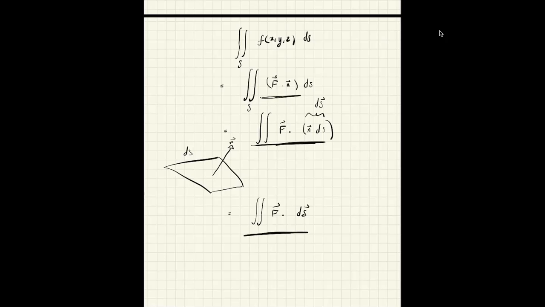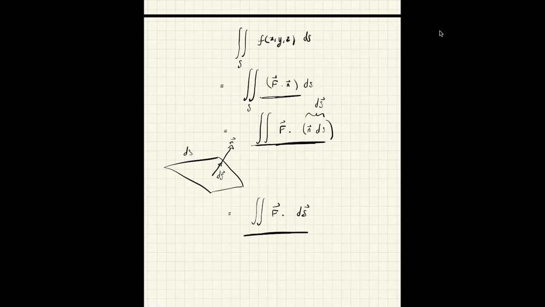So dS will actually be a vector that points in the direction of n and has the length of an infinitesimal area.